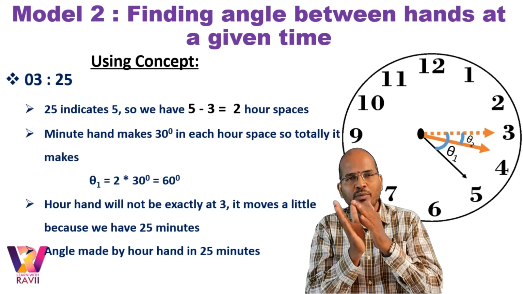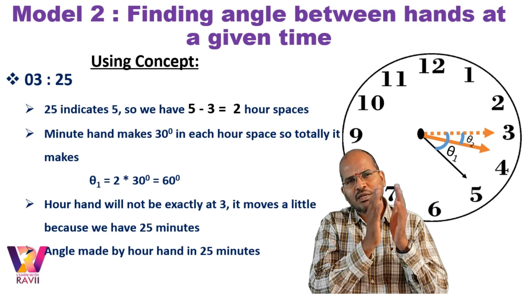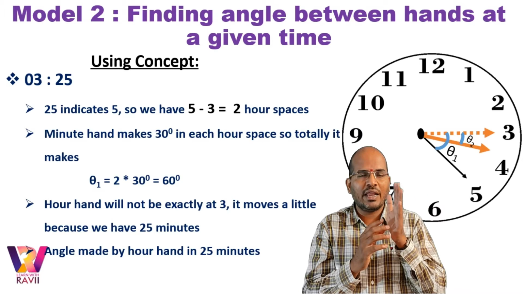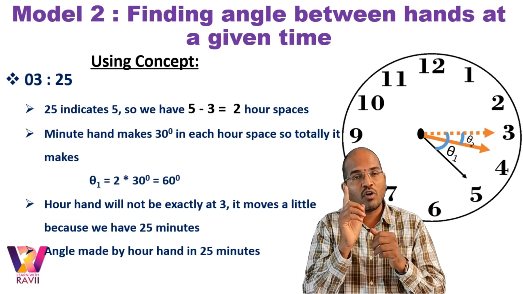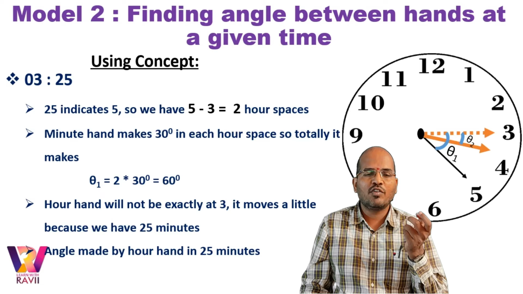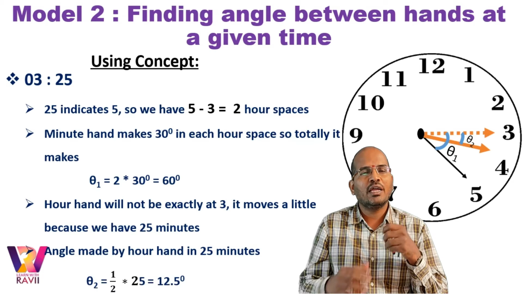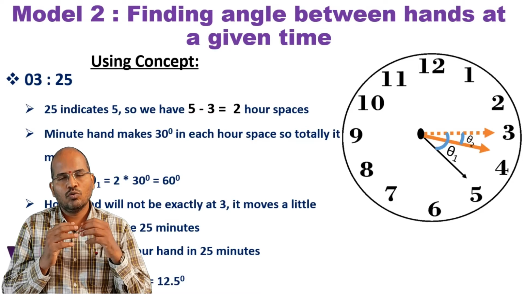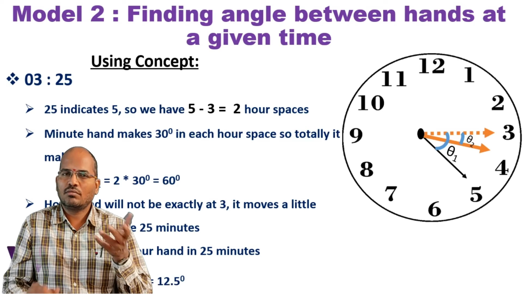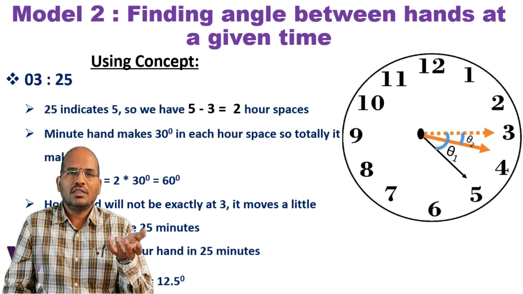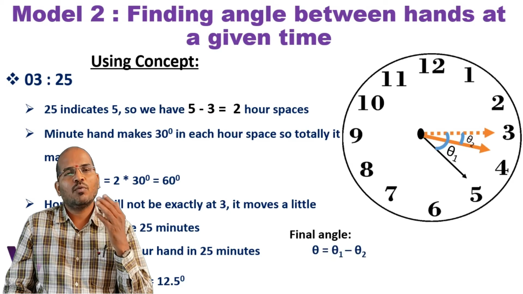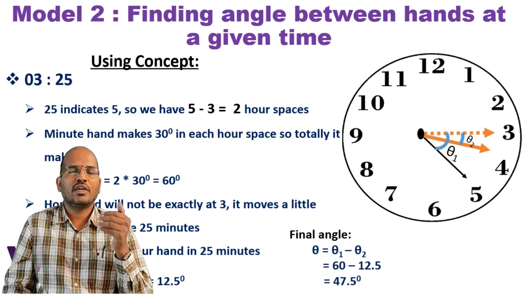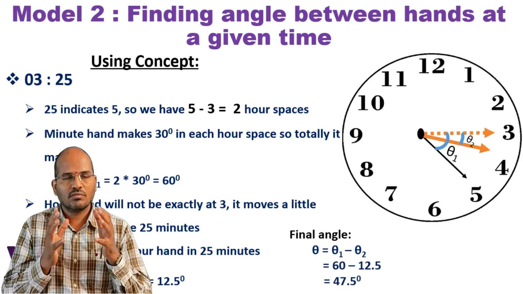In these 25 minutes, the hour hand will move by some angle, and we have learned that the hour hand makes an angle of half a degree for 1 minute space. Now as we have 25 minute spaces, the angle made would be 12.5. Right? So now what is the answer? The common sense says the angle should be theta 1 minus theta 2, which is 60 minus 12.5, that is 47.5. Clear with that?